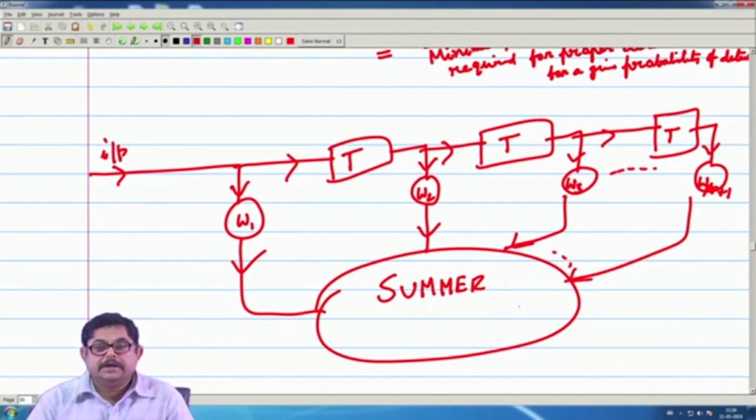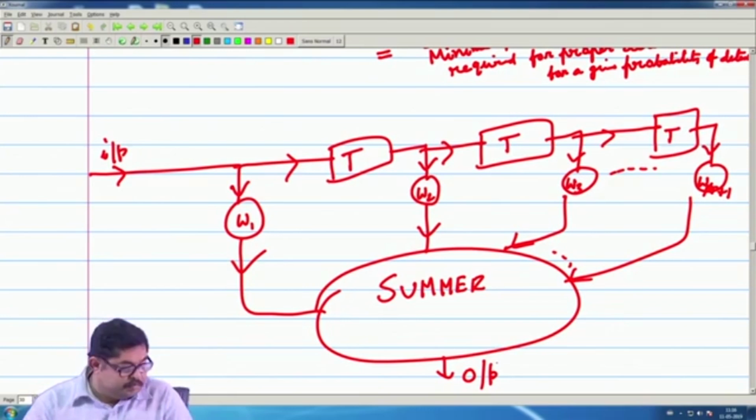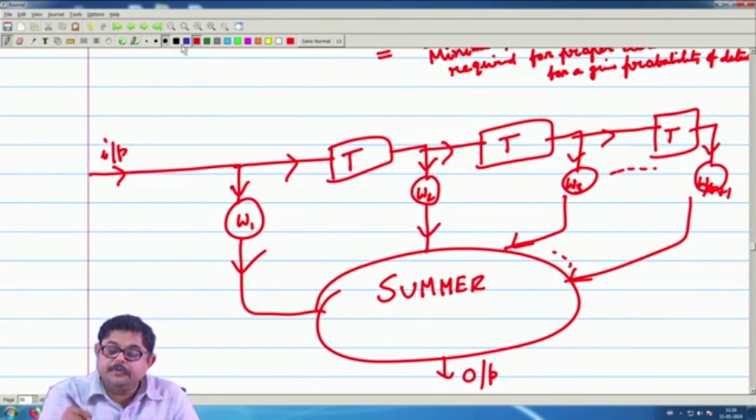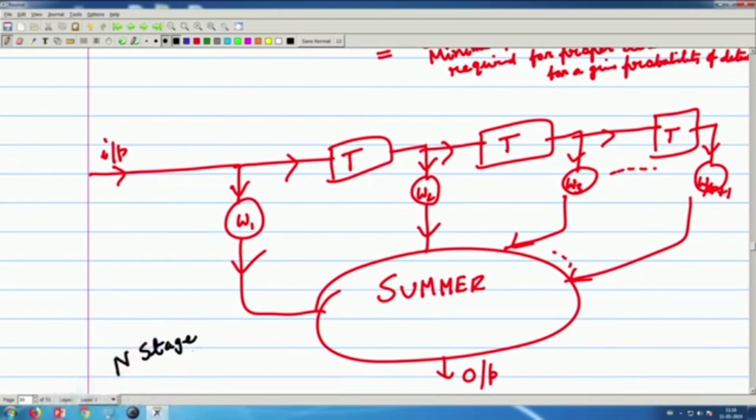So, this is a summing network and you get the output from here. This is the block diagram of an n stage tapped delay line MTI filter. This we already have seen.